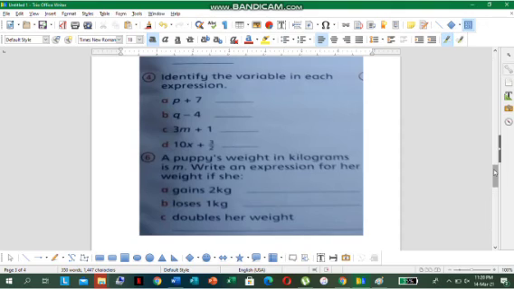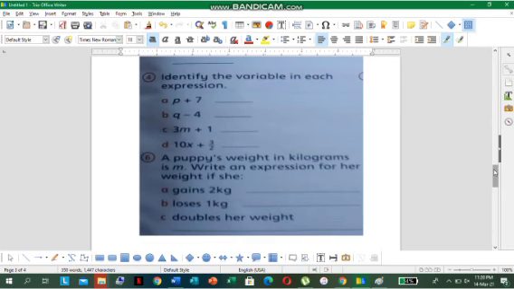Now a puppy's weight in kilograms is M. Remember, the puppy's weight in kilograms is M. It says write an expression for her weight if she gains 2 kg. Now gains, if you gain something, that means something is added to you.